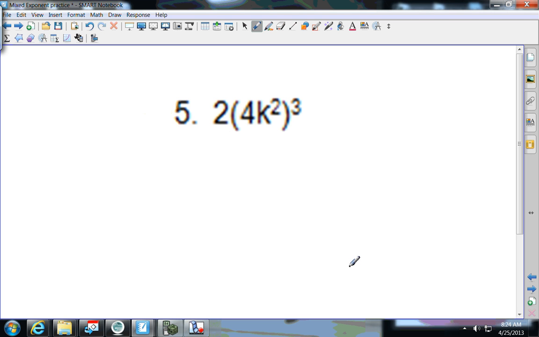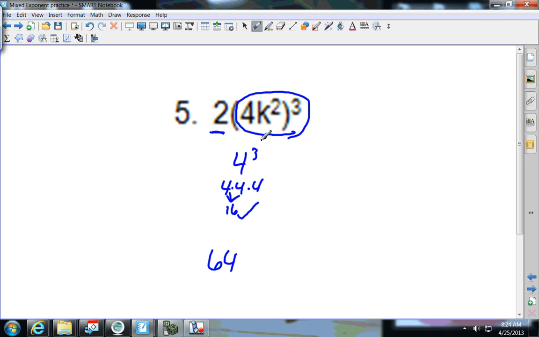Number 5. Try this one and come back and see how you do. In this one, leave the 2 alone. We'll do that at the end. So let's do this part right here. So this is 4 to the third power, which is the same as 4 times 4 times 4. 4 times 4 is 16. 16 times 4 is 64, but you can also just put that in the calculator and find it out.